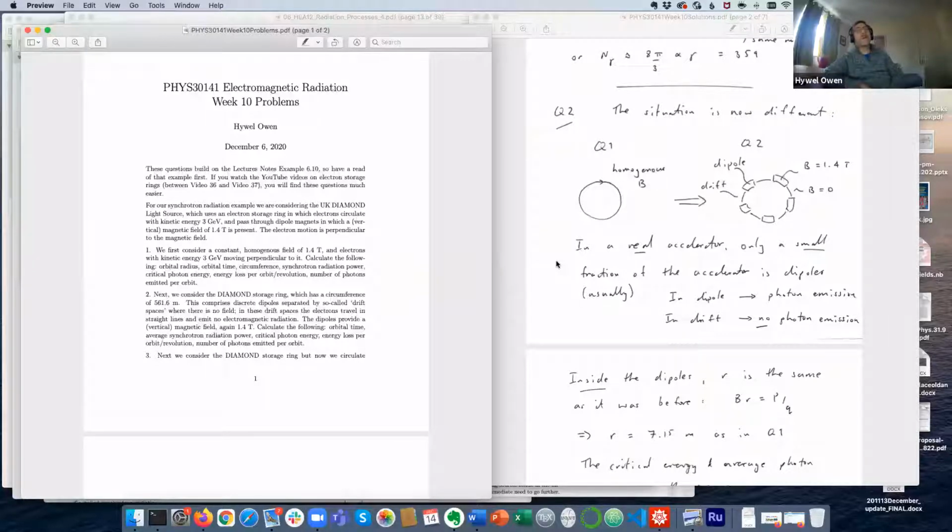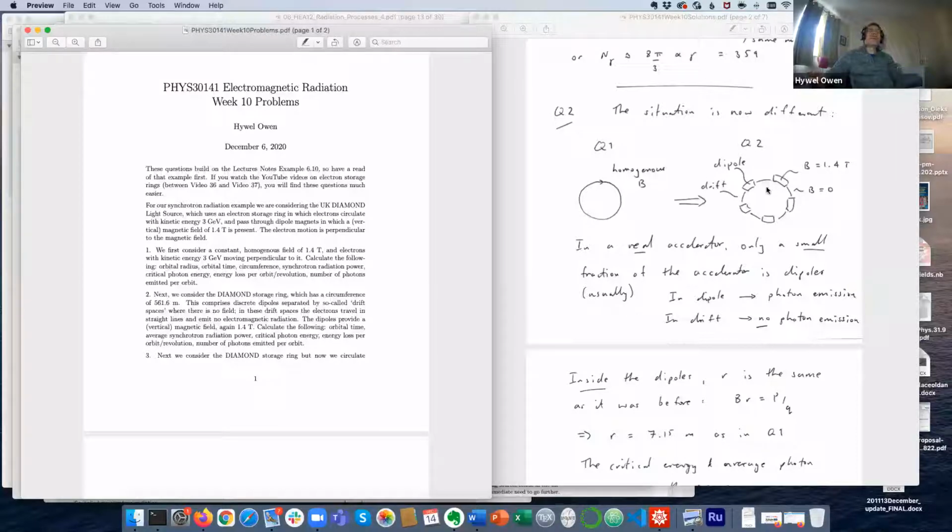As the electrons travel through the dipole magnets, in that gap between the North Pole and the South Pole, they see a magnetic field of 1.4 Tesla, and that's what causes their acceleration and causes photon emission. As they exit the dipole magnet and enter the drift and start traveling in a straight line, they stop emitting radiation. There is no photon emission in the drift spaces.